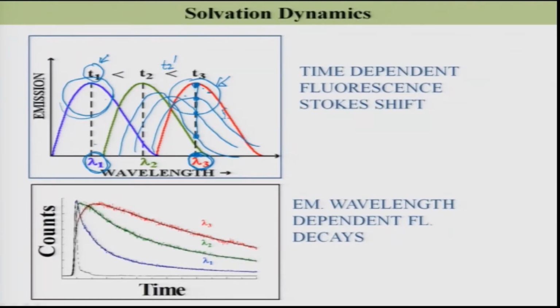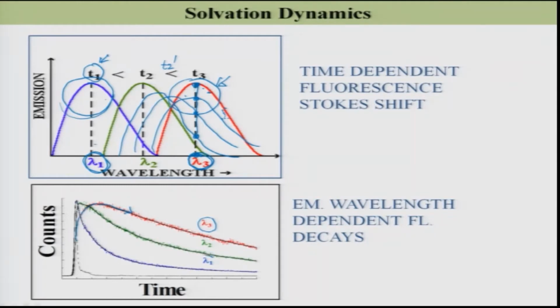So, if I now plot, just see here that I have plotted it. This is in case of lambda 3, you see that emission intensity was less over here, and it increased this way, and then it will decrease. That decrease is just because of its own fluorescence lifetime.